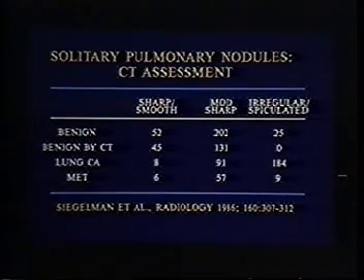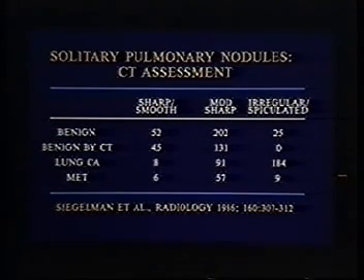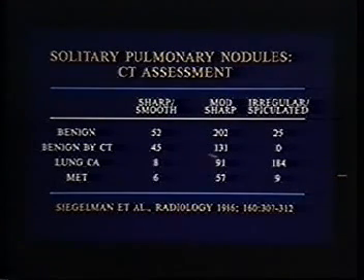The shape of a nodule is also something you need to take into consideration when you're looking at CT. Again, in Siegelman's series, he found that when a nodule was benign by CT, it was typically sharp and smooth or moderately sharp and smooth, either 1 or 2, that is nice and smooth and round or a little bit lobulated.